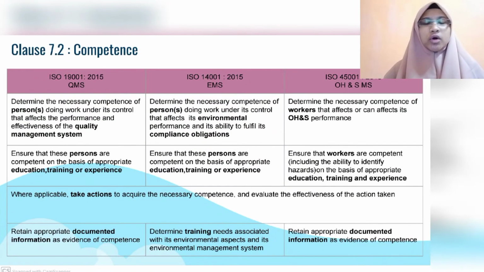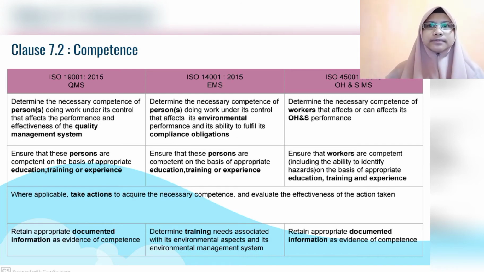Clause 7.2 Competence. For these three, ISO 9001, 14001, and 45001, the organization shall determine the necessary competence of persons doing work under its control, or the workers that affect the performance of their ISO.